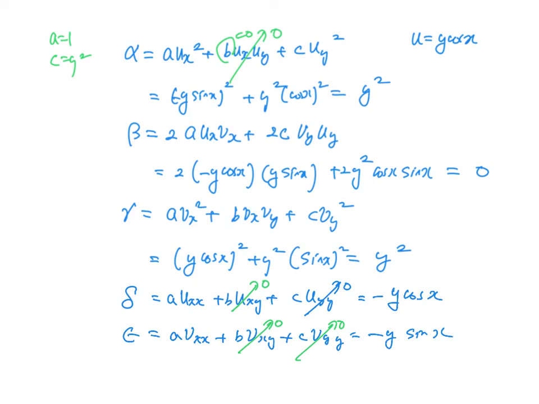So we have y squared C_uu plus C_vv, minus y cosine x C_u minus y sine x C_v is equal to 0. Right? Let me see.